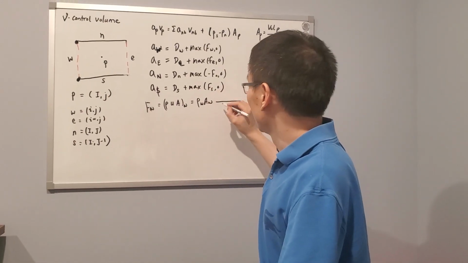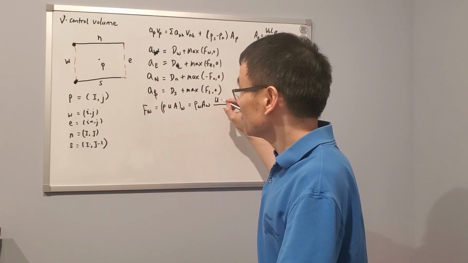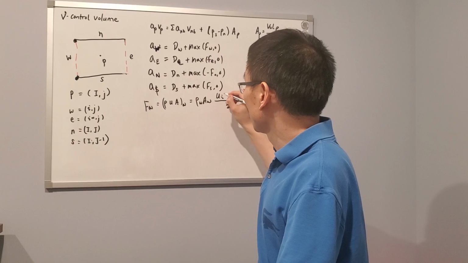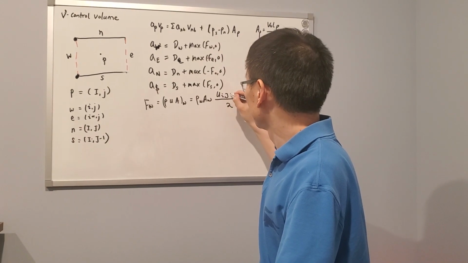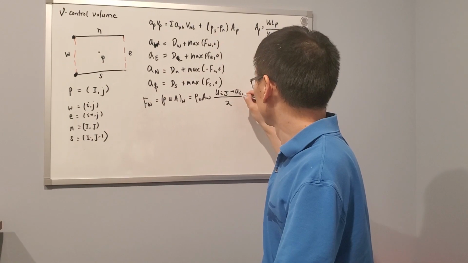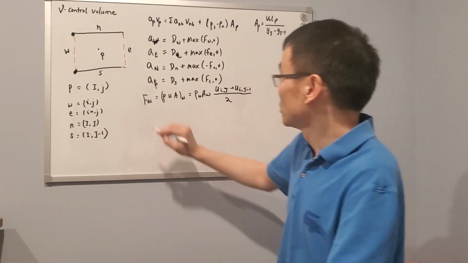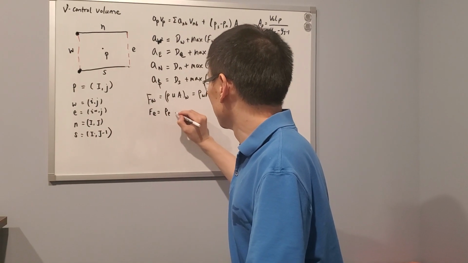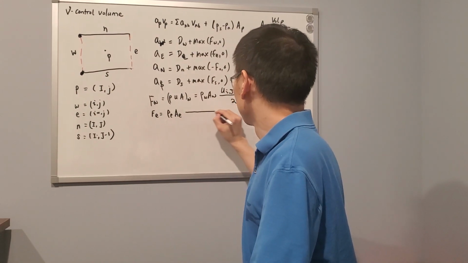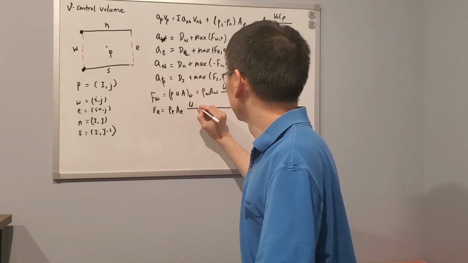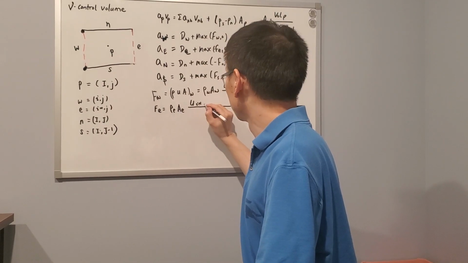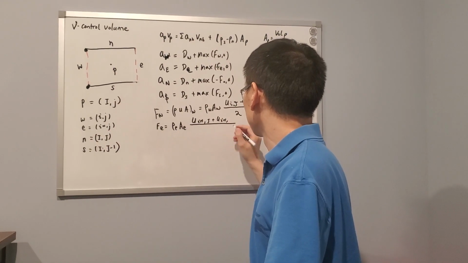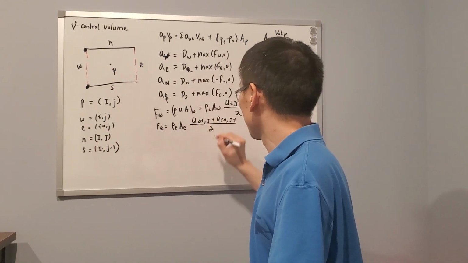That will be the average of UIJ plus UIJ minus 1. Similarly, FE will be rho E AE times UI plus 1 J plus UI plus 1 J minus 1 divided by 2.